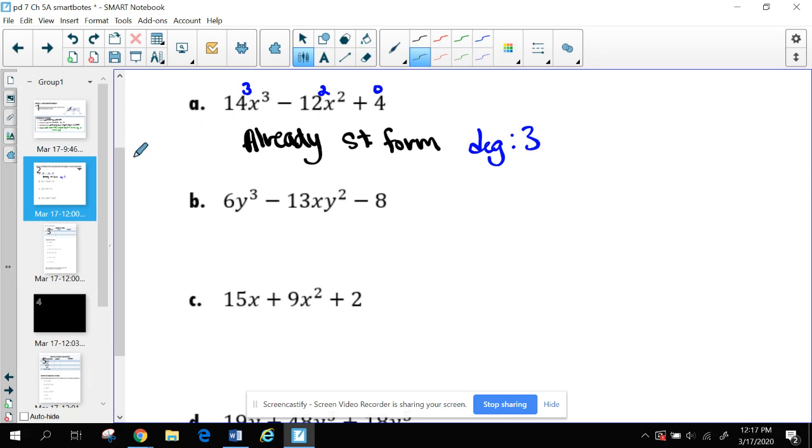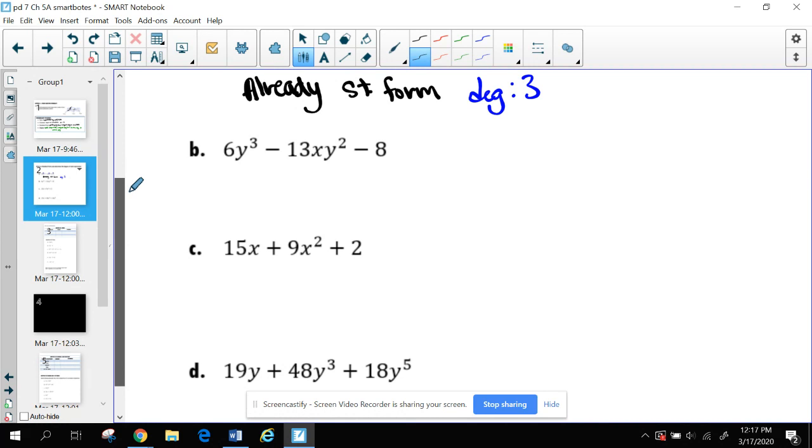Okay, let's try B. Same idea. Now this one's a little bit different because I have more than one variable in here. So this has a degree of 3. This one actually also has a degree of 3 because there's 1 x and 2 y's, and then this is a degree of 0. That being said, this isn't quite in standard form.